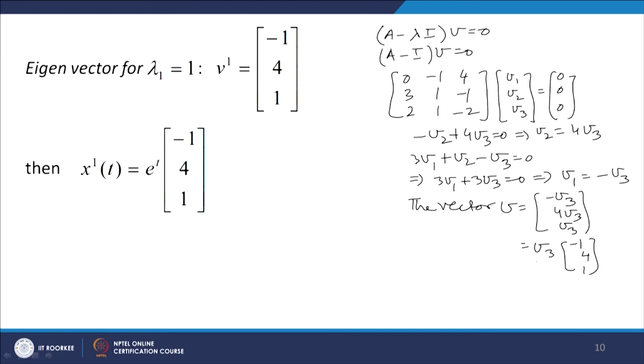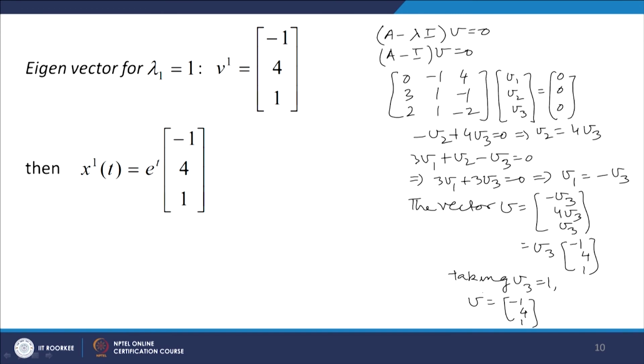Okay. Now, for b3 we can choose any non-zero scalar value. So, let us choose the convenient value b3 equal to 1. Taking b3 equal to 1, we get the vector v1 equal to minus 1 4 1. Okay.